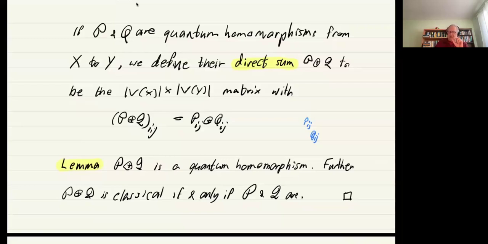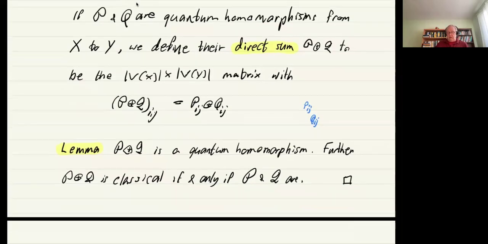Just to remind you, the direct sum of A and B is the block diagonal matrix with A and 0 on the first row, and 0 and B on the second. And the understanding is A and B are square. So that's standard terminology, though it's not that familiar. So we've got a definition that the ij entry of the direct sum is just the direct sum of the ij entries. And again, it's a straightforward exercise to show this is a quantum homomorphism, and it's classical if and only if the inputs are classical. Okay, so we can form direct sums.